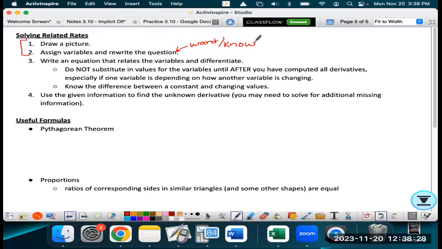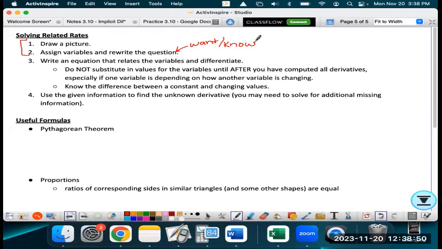Then you need to write an equation or equations that relate the variables, and then you can differentiate. But keep in mind, when you think about differentiating, if you are going to have more than one unknown rate, you need a secondary equation, which is what I had you write on the first page. If you'd rather write that here, pause the video, write that down.